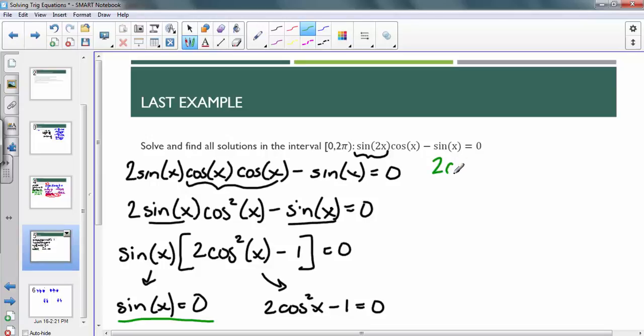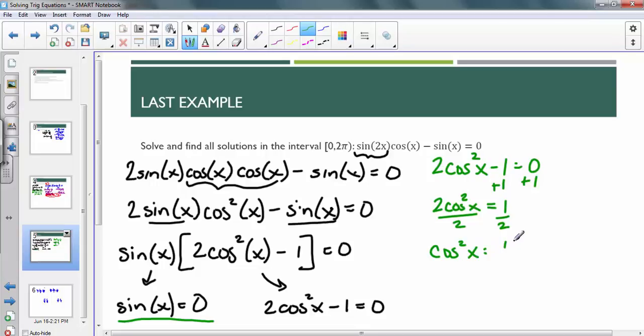So I have 2 cosine squared x minus 1 equals 0. Add the 1 to the other side. Cosine squared x equals 1. Divide by 2. Cosine squared x equals 1/2. Taking the square root of both sides, cosine x.